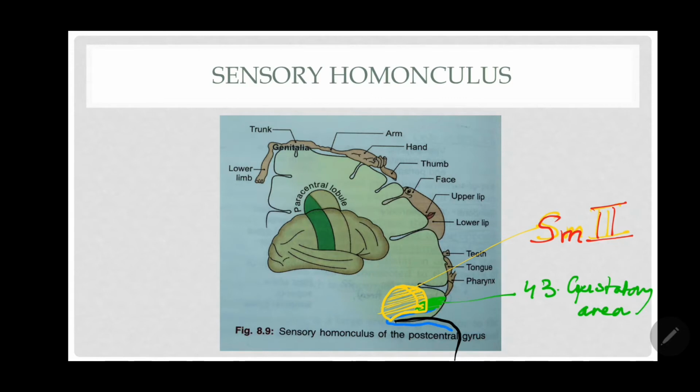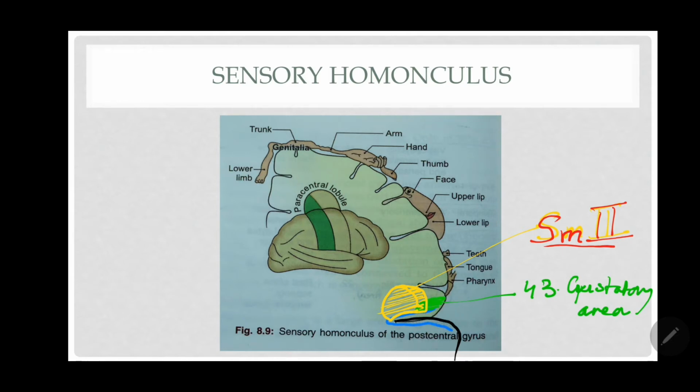The supplementary motor area is area number 6 on the medial frontal gyrus, anterior to the precentral sulcus on the medial surface of the cerebral hemisphere, and it was also controlling bilateral symmetrical, programmed activities. The important word is bilateral. Similarly, here written is SM2.